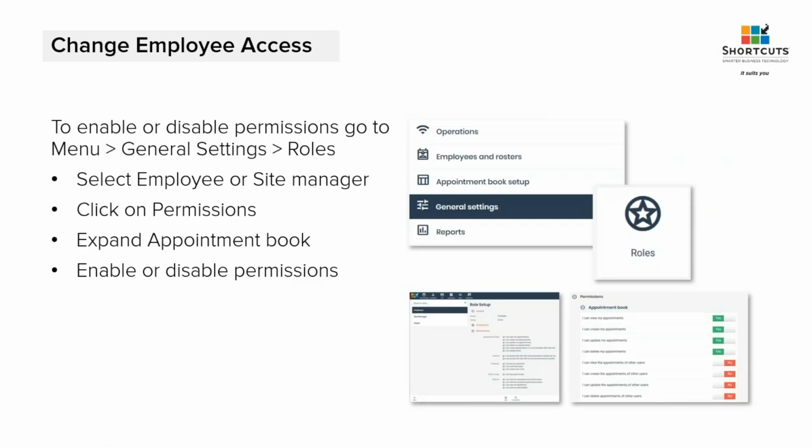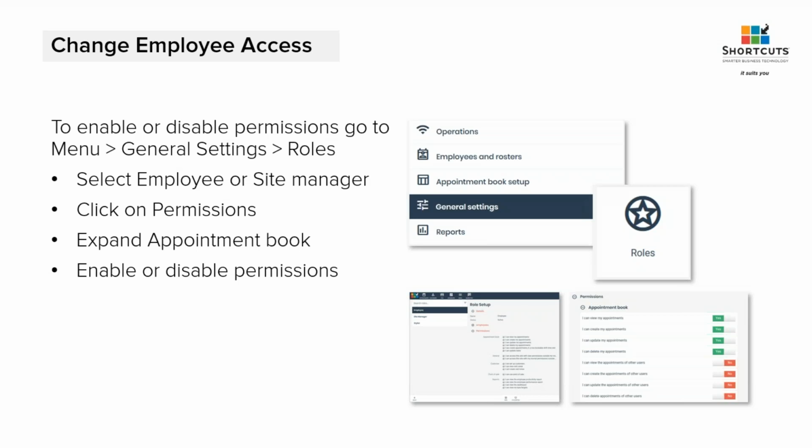So if we're going to change employee access, or if we're going to change the default access for the staff members, how would we configure this? We're still in the cloud. We would go back to menu, but instead of employees and rosters, we're going to general settings, and we're going to press that roles button. Again, the circle with the star.